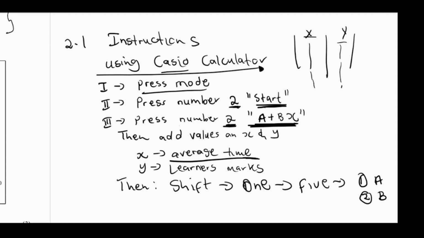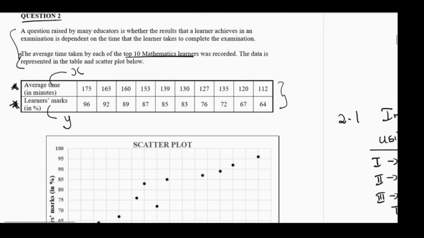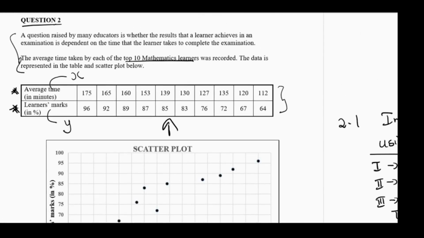And in the values of y you're going to put learners' marks. So you're going to punch in all the numbers that are in this table here, all the x values, and then all the y values like that, right?